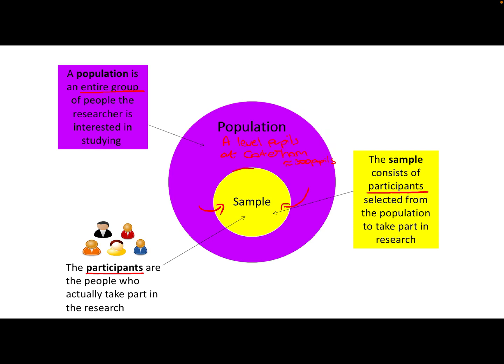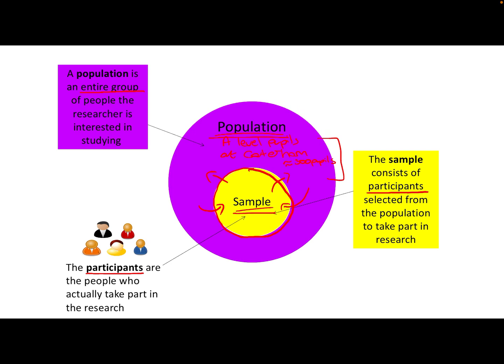Ideally, this sample and the participants in this sample are going to share the same characteristics as our population. If they reflect our population quite well, then what is true for the sample will be true for the population, which means that we can generalize our findings from this sample to the population. So, take our example here of A-level pupils at Caterham. What we don't want is for all of our A-level pupils to just be the mathematicians.